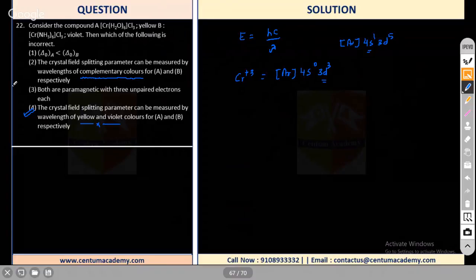We cannot find out the parameter from this yellow and violet color over here, right? Hence option fourth is not correct, hence it is the answer. Question number 22, answer is option fourth.